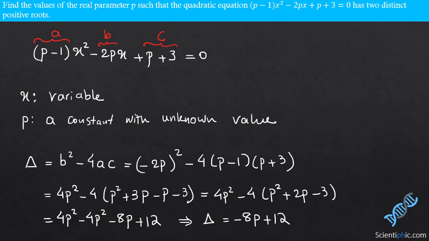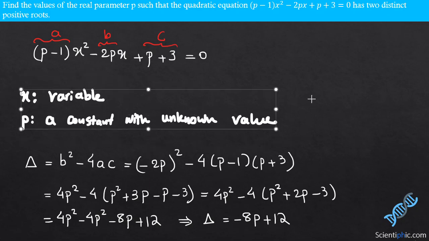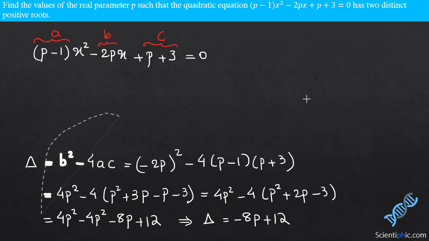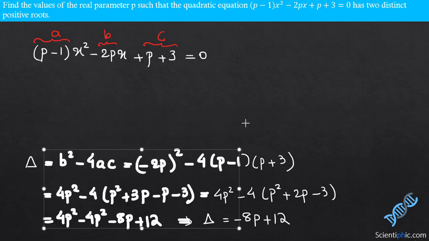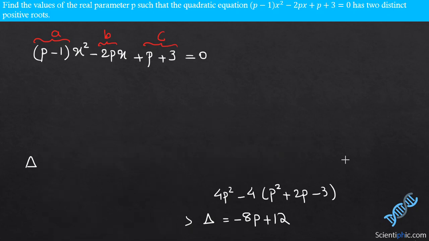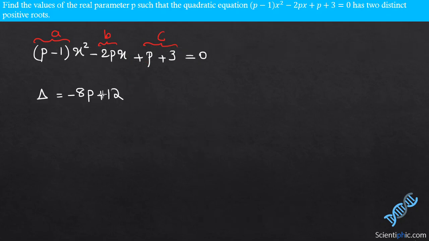So again, this is our quadratic equation. The discriminant is this one, minus 8p plus 12. And now the discriminant should be greater than 0.